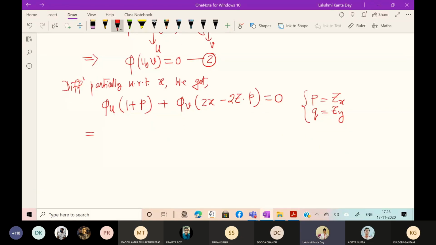That means phi u divided by phi v is equal to (twice z p minus twice x) divided by (1 plus p). This is your number 3. Clear?